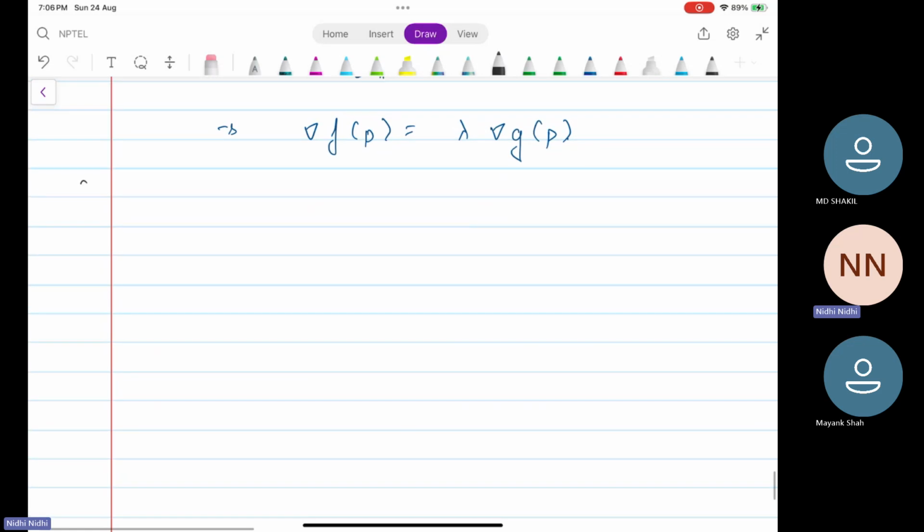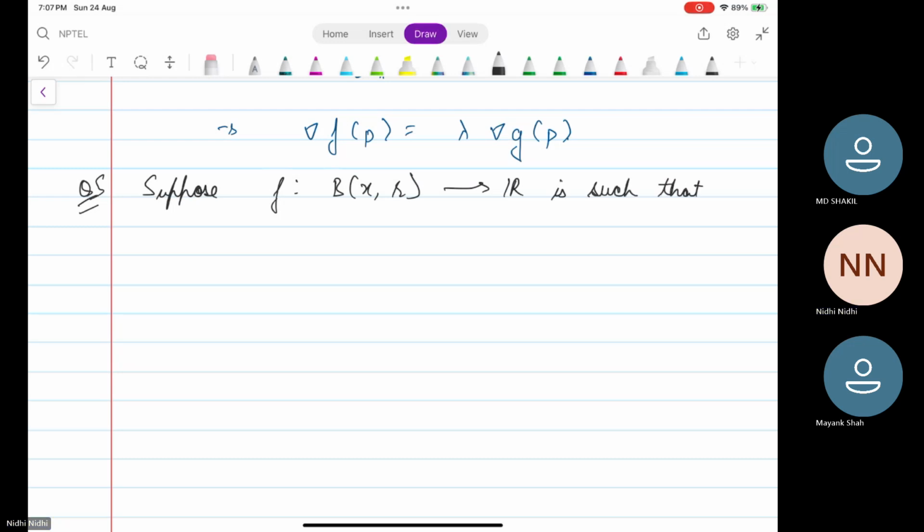Let's move to next, question number 5. Suppose f is a real valued function defined on the ball B(x, r), such that its derivative is the zero linear function at all points.